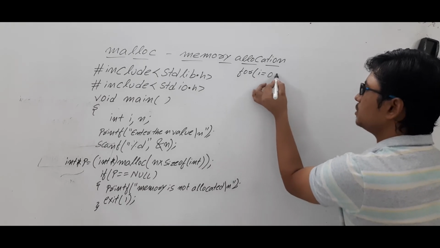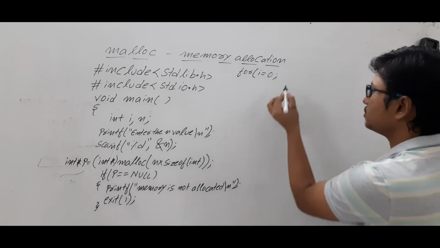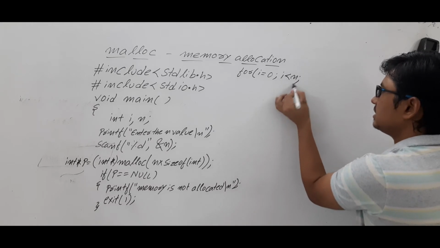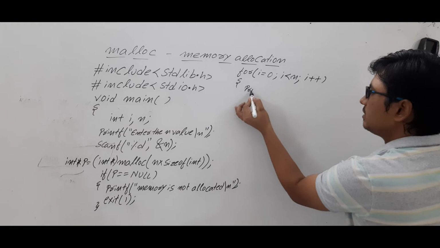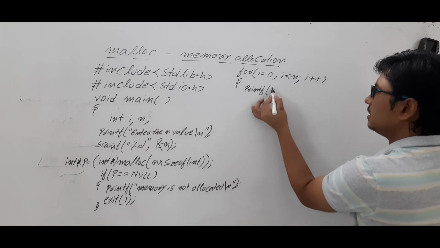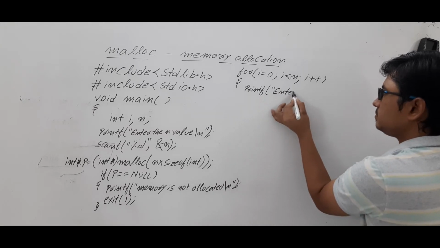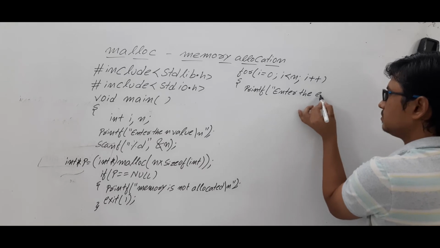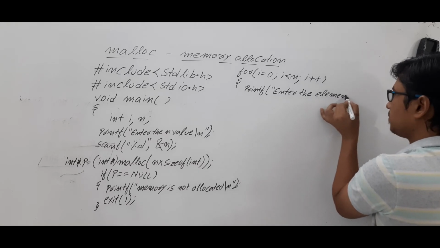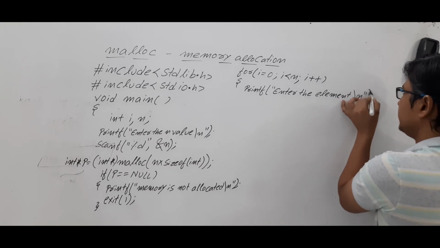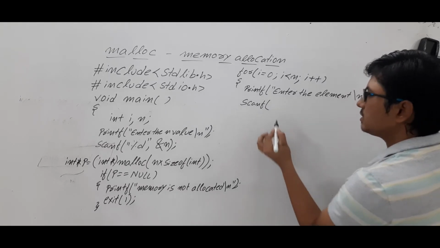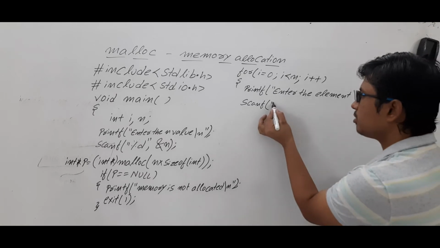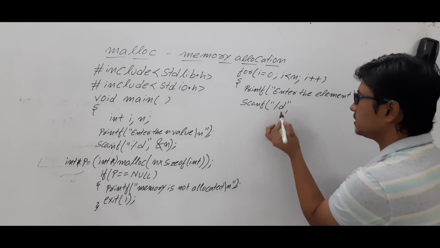So you will write for i is equal to 0, i less than n, i plus plus, then I will write printf enter the element, backslash n, then scanf. As the user is entering an integer, I have to write the format specifier as percentage d.